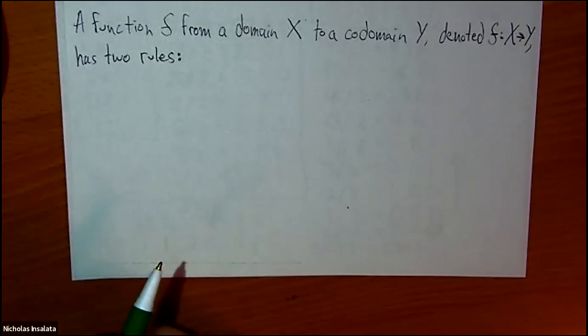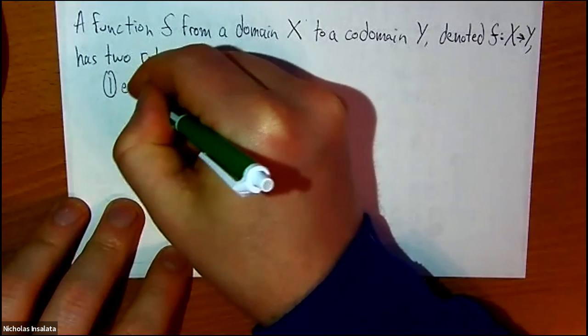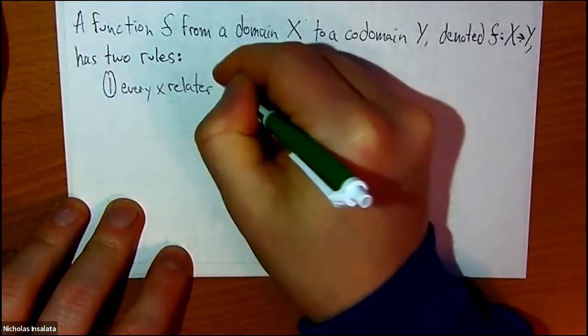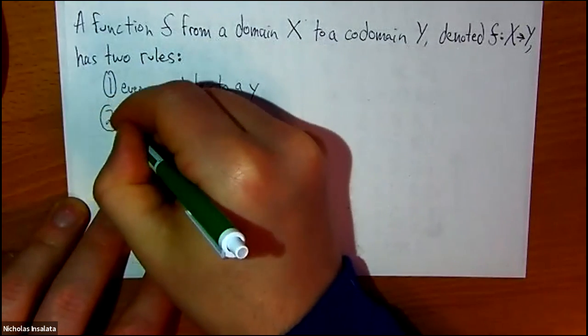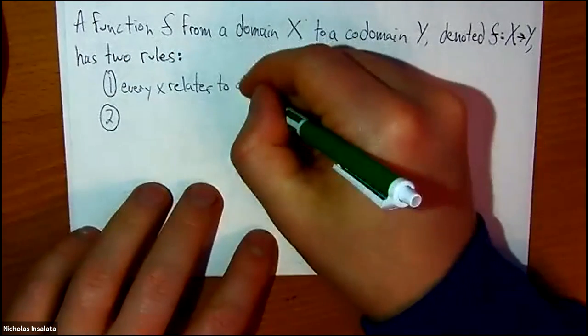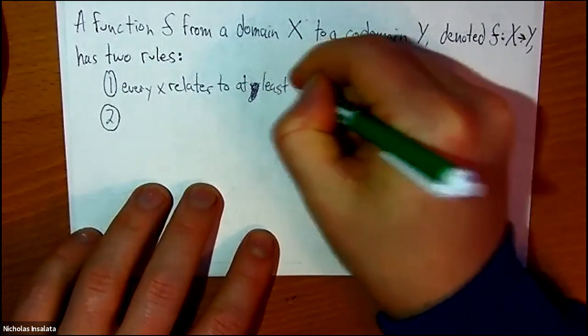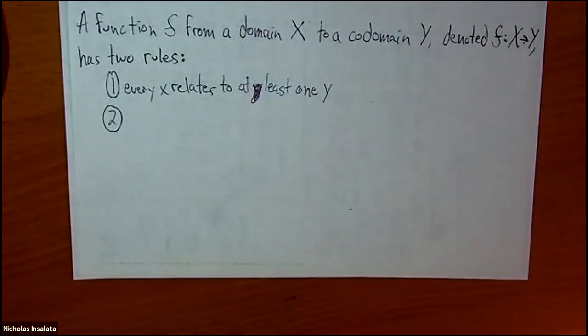Okay, every X relates to a Y. And what about rule number 2? Maybe I should say at least one Y. How about rule number 2?